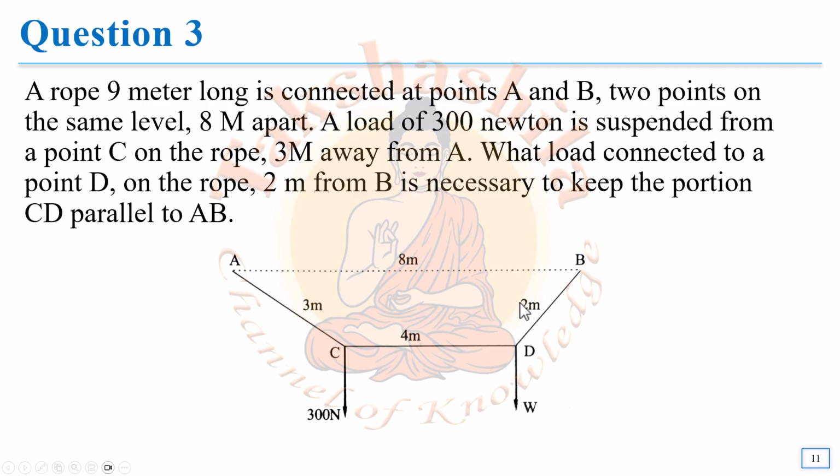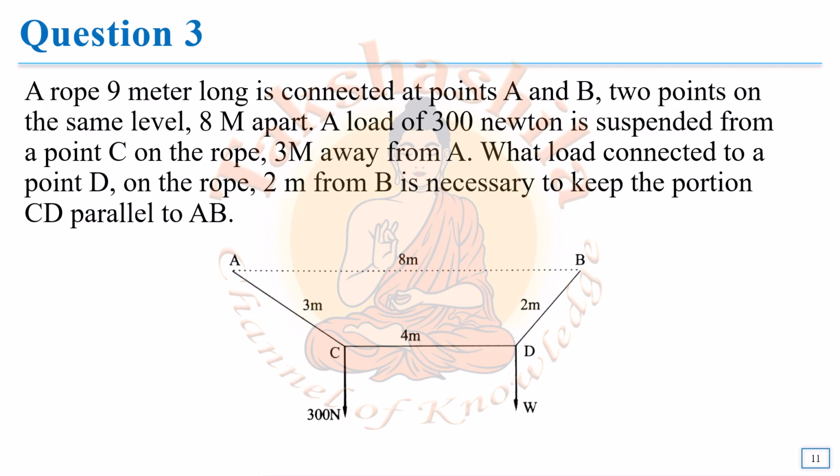When we place the second weight along with this 300 Newton, this part, that is CD, should be parallel to AB. So this is the figure for this problem.